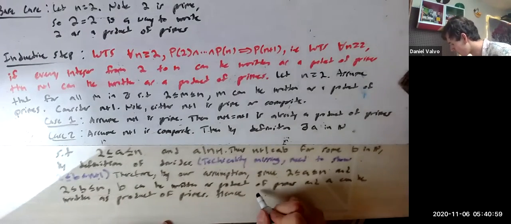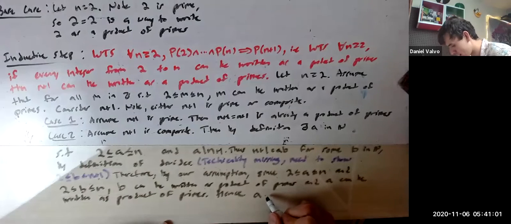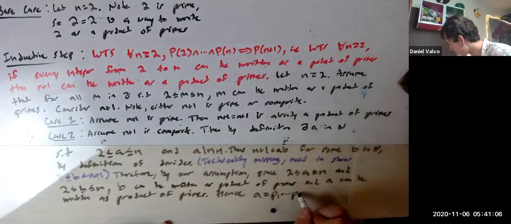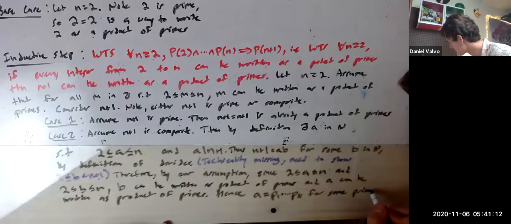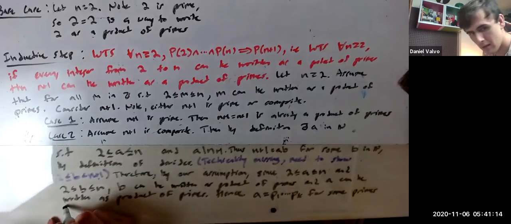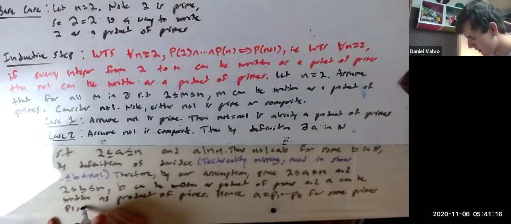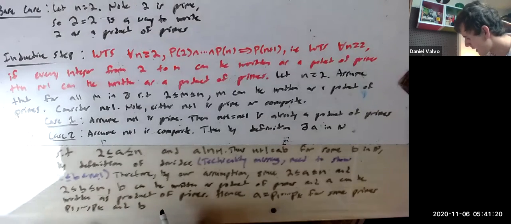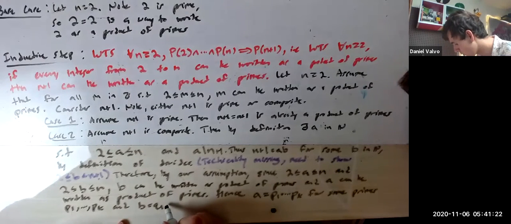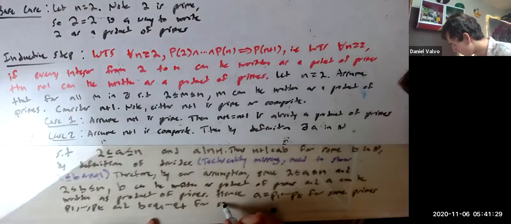Hence, if we actually write them out, A equals P1 all the way out to PK for some primes P1 through PK, and B is Q1 times Q2 all the way out to QT for some primes Q1 all the way up to QT.